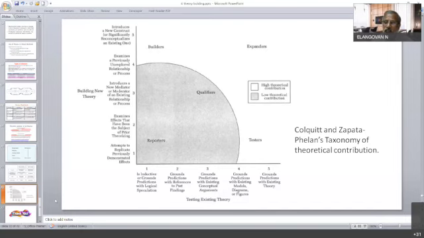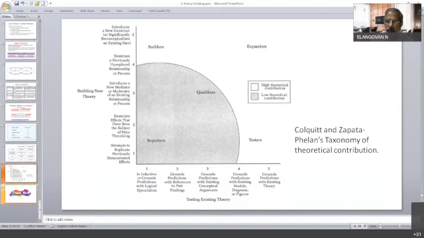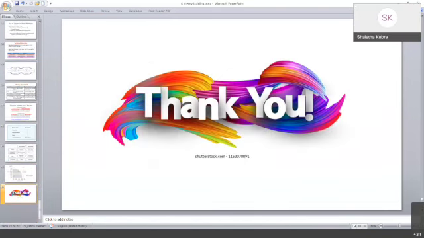We want researchers who will find new applications and new theories. That is what we insist on. At PhD level, we look for a higher level, so you should go this side with your research. Okay, that's all for today.